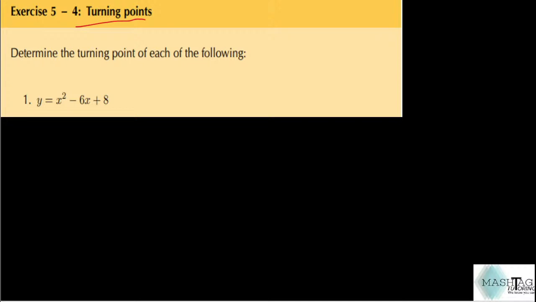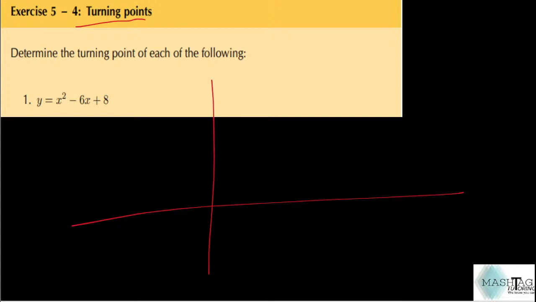Okay, just a quick one. Remember, when we're talking about turning points, we just mean exactly where the graph turns and takes a different direction or the opposite direction.